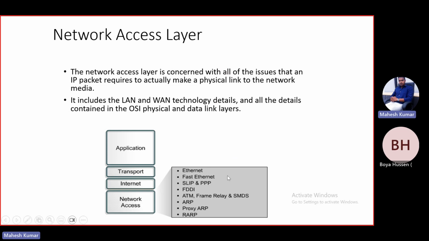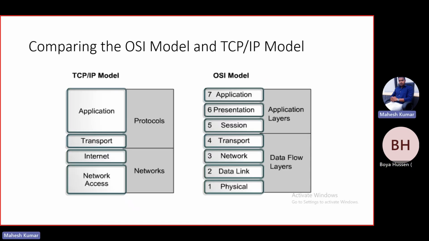Here Ethernet, Fast Ethernet, SLIP, FDDI, ATM, these are the old technologies. ARP, proxy ARP, RARP, these kinds of services work on the network access layer. And then comparing the OSI model and TCP/IP: the TCP/IP model has four layers only, and OSI has seven layers only.